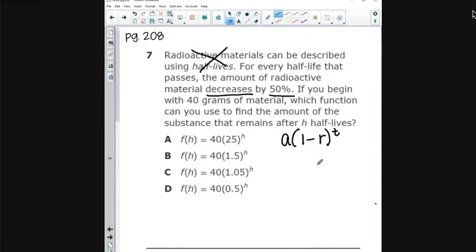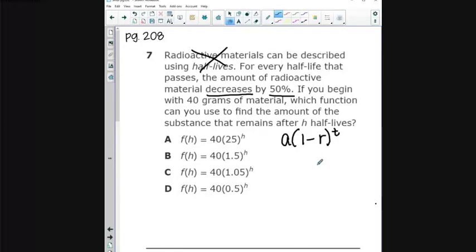That's your first number here. All of them have the 40. But we're going to do 1 minus 0.50. That's what we're going to end up with. So the best answer here is letter D. Okay, raise your hand if you knew that was the answer. Yay, that's awesome.